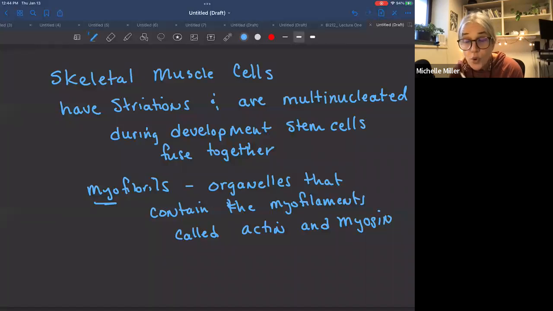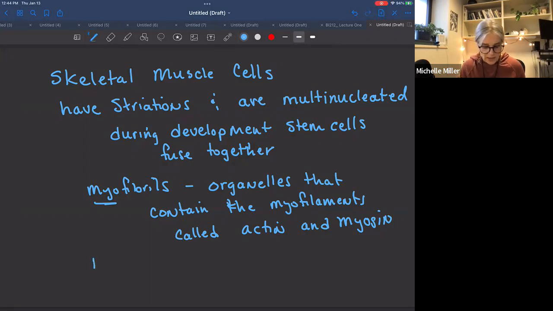Now, these are proteins. Actin and myosin are proteins, which kind of explains why our muscle is a good source of protein, right? When we eat organisms, we generally eat their skeletal muscle because it's high in protein. So the actin and the myosin are the filaments that are actually going to cause contraction. And so that's why our cells are filled with them.